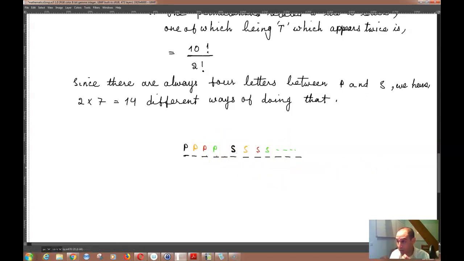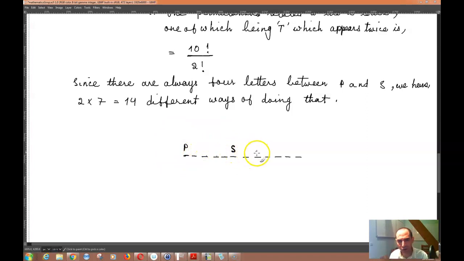So if your P is over here and your S is over here, this is one possible configuration, and then you can move them over.